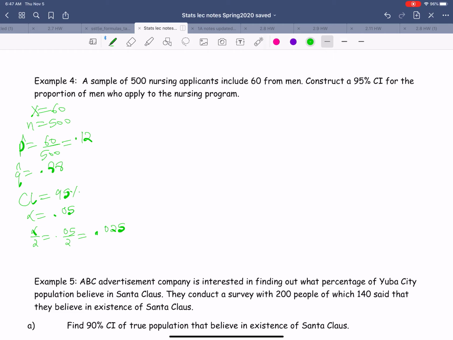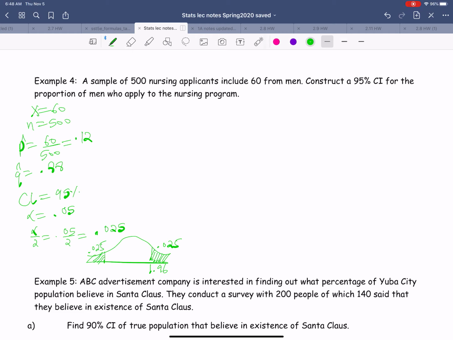So z-score that has 0.025 area to its right. What is a z-score that has 0.025 area to its right? Either read the table, or you can go ahead and the bottom of the table has this information, 1.96. You can also use a calculator for it.